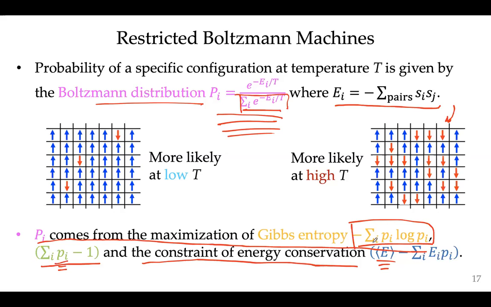So if you maximize the Gibbs entropy with the probability condition and the energy definition, it gives you the Boltzmann distribution.